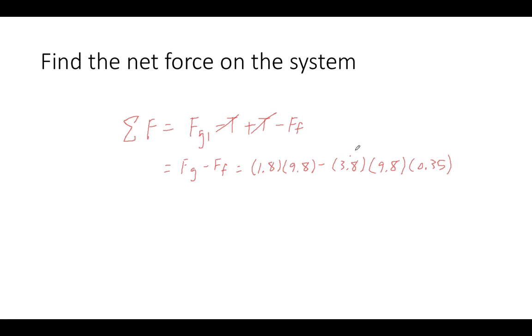So this is the 3.8 kilogram mass times the 9.8 gravity and times the coefficient of friction 0.35. So it's the force of friction that we're calculating. And if we calculate that, we get 4.6 newtons. So that's the net force on the system. Very similar to how we calculated the net force on the pulley system from the last set of notes, except we have friction acting, so we have to use the coefficient of friction here.